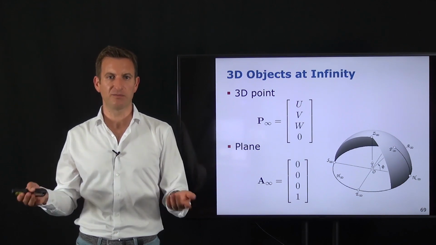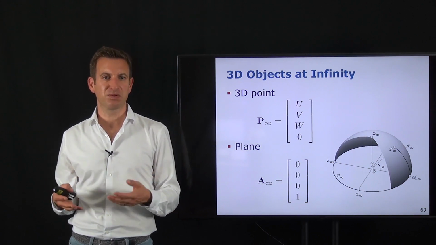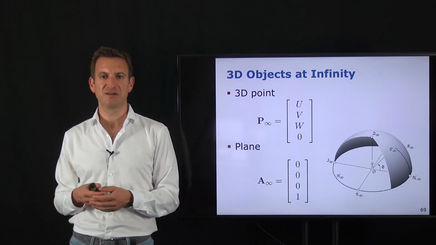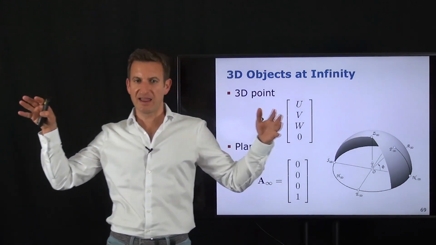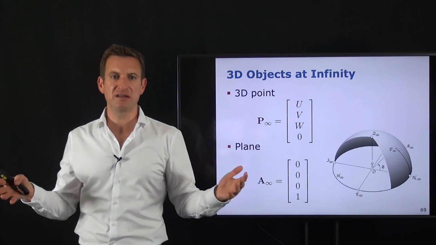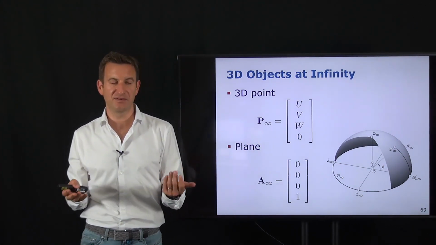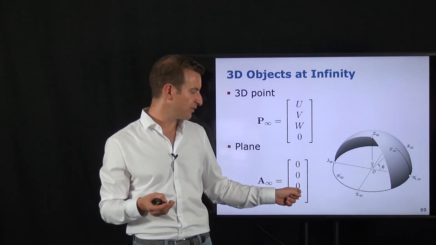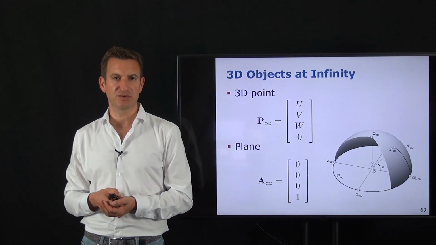Just in 3D, we have one dimension more. In a very similar way, I can define the plane which goes through all points which are infinitely far away, and you can basically envision this as the sky. All points which are infinitely far away lie on this special plane, and this is the plane with the parameters 0, 0, 0, and then a constant value which is only defined up to a scaling factor.